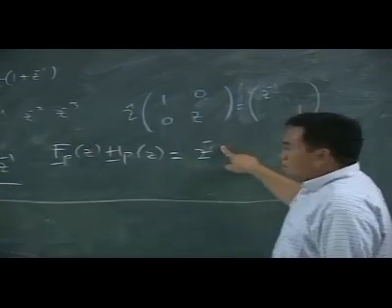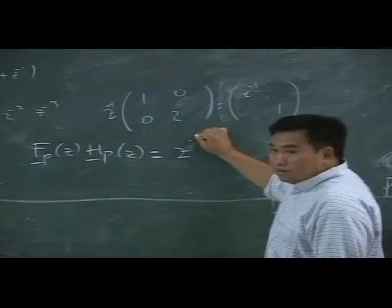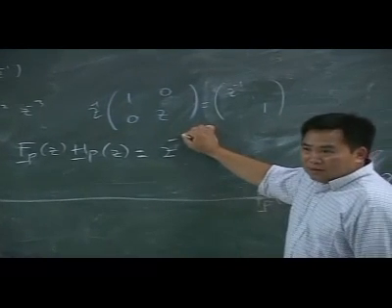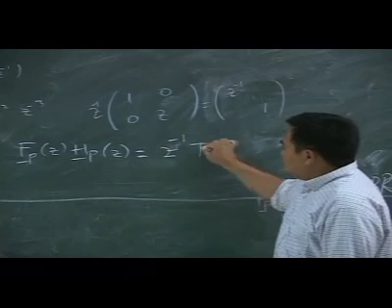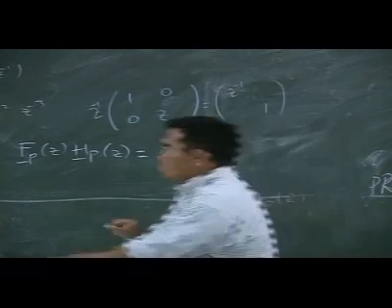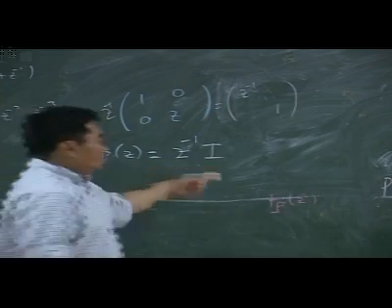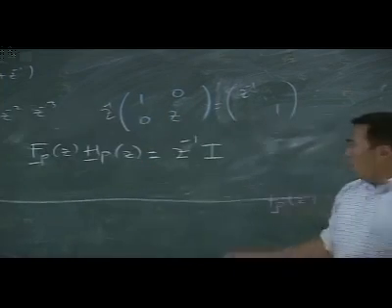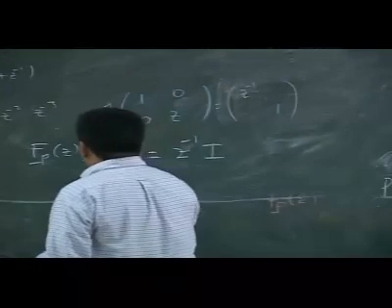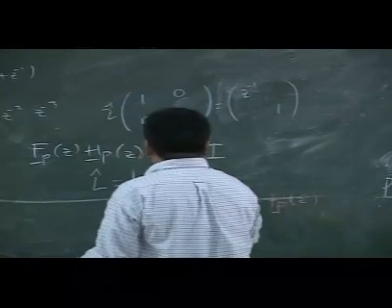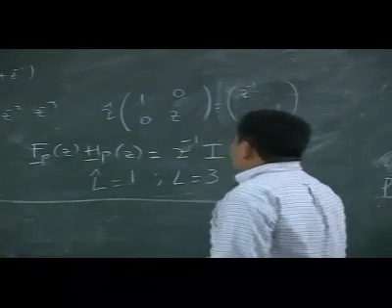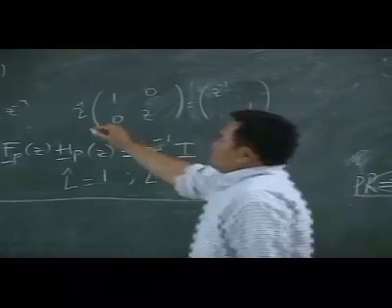What is that? 2, 1. Right? Because this and this are identity. You have Z inverse, Z inverse. This and this identity you can put them out. Right? So Z inverse 1. So L hat 1, L is 3, and you have rank 4 system.